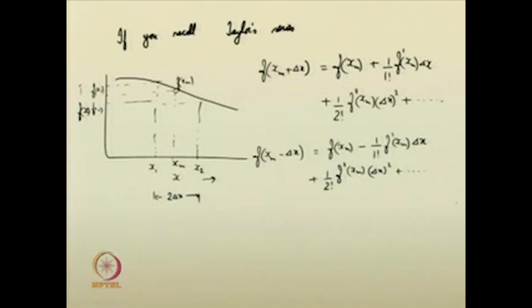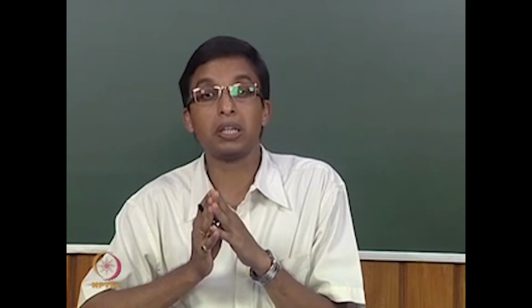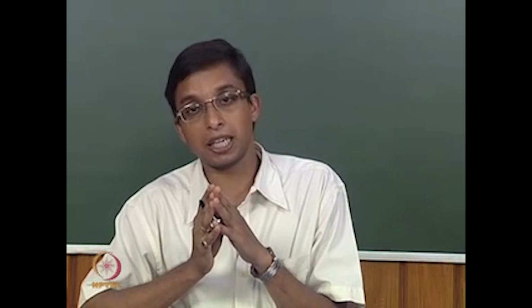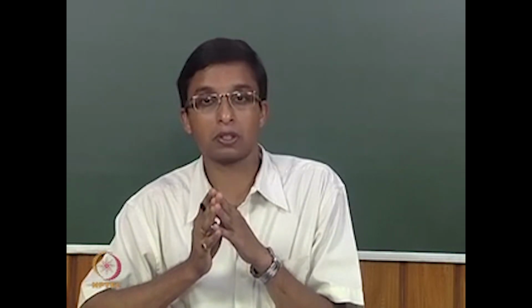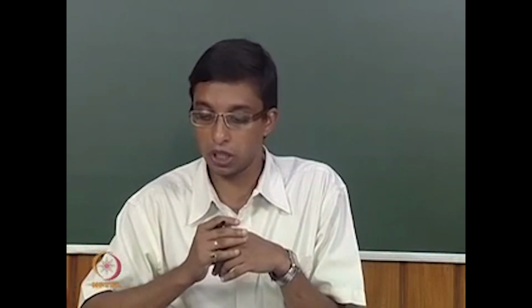So, the approximations you obtain for the derivatives are termed based on the location at which you truncate your series, whether it is a first order approximation, a second order approximation and so on.